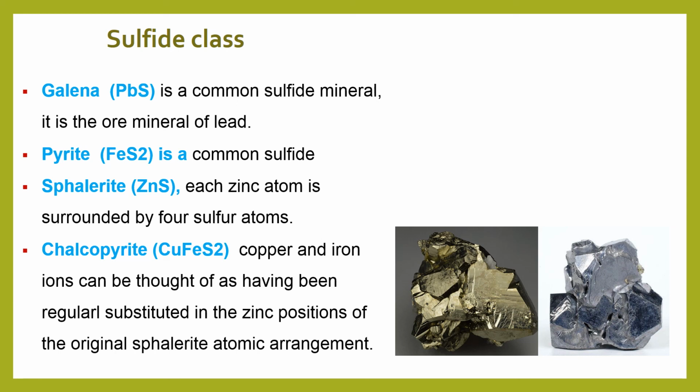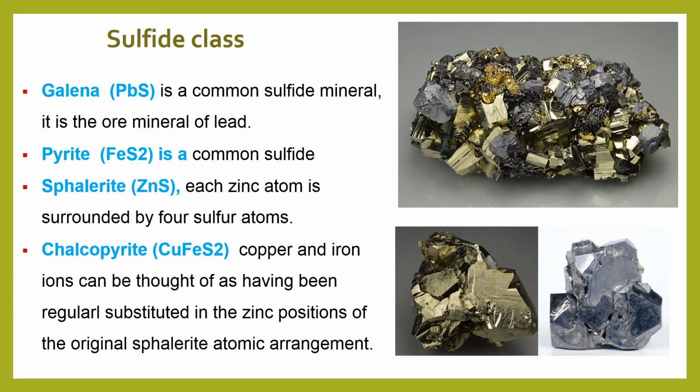I will show you a picture now of a mixture of all of them: galena, pyrite, sphalerite, and chalcopyrite. Here you go. Very beautiful picture of the collection of sulfides. Okay, so this is the first important class of our minerals.